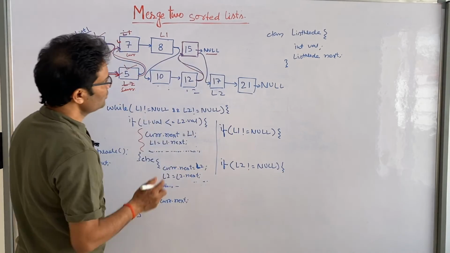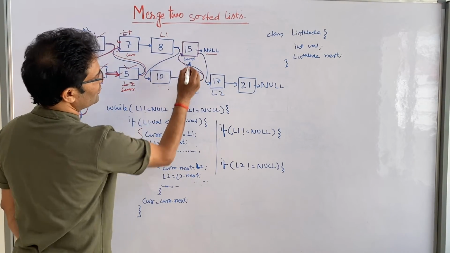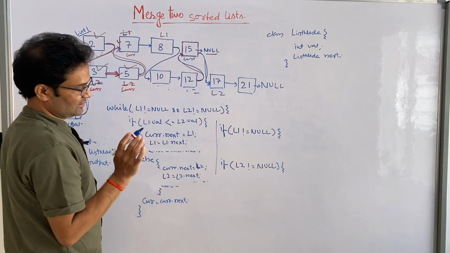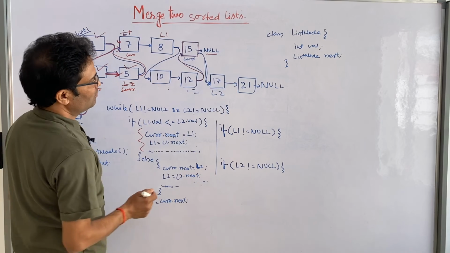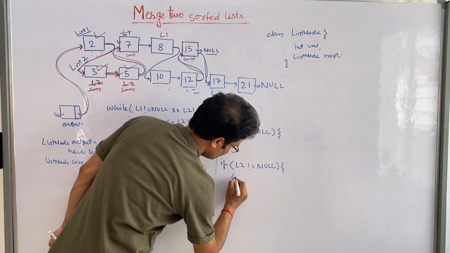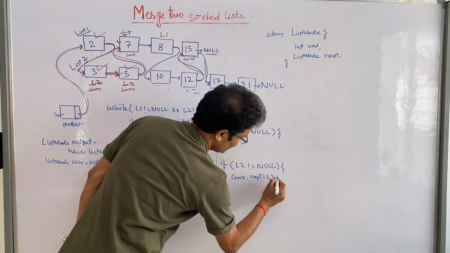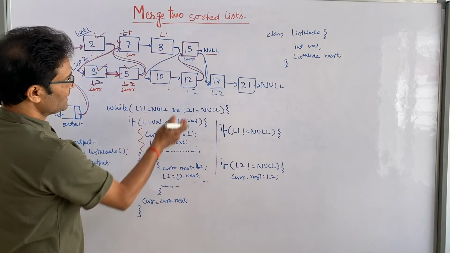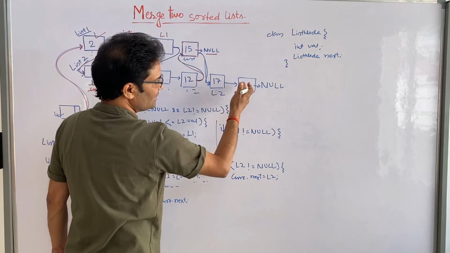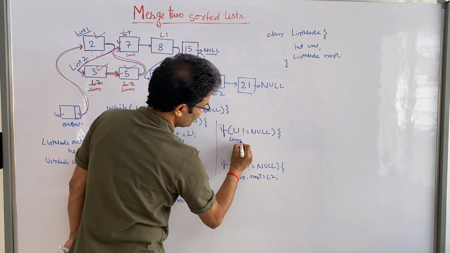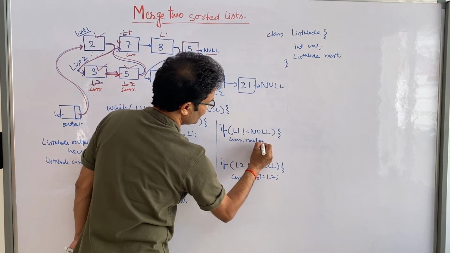Right now current is here, so wherever the current is, you have to just connect this part. That's it. No need to do the looping here. So current next is equal to L2. But in the case where L1 is bigger than L2, then you have to check if L1 is not null, then current next is equal to L1.